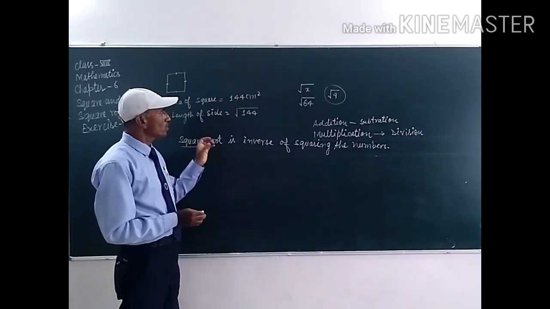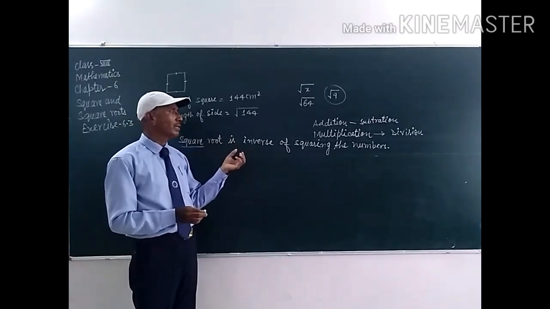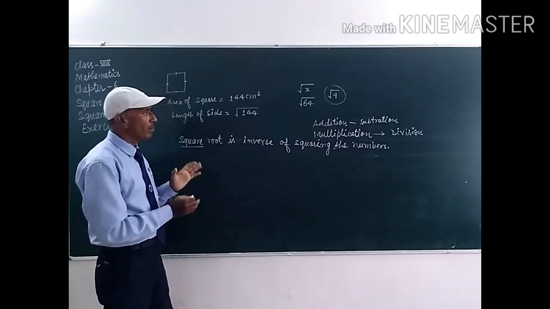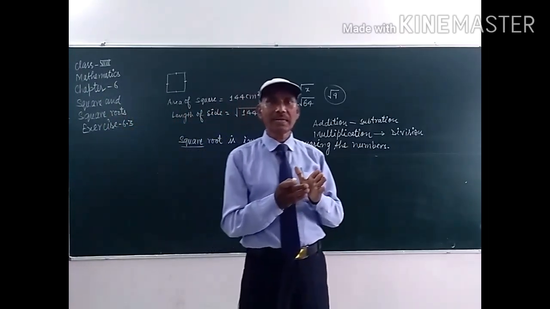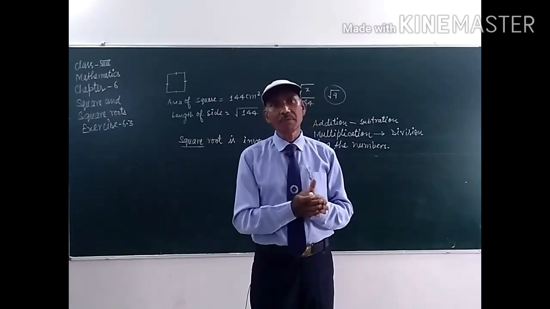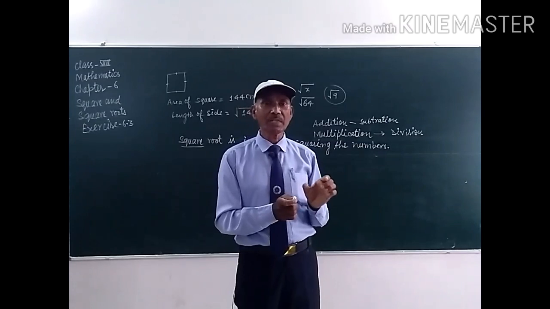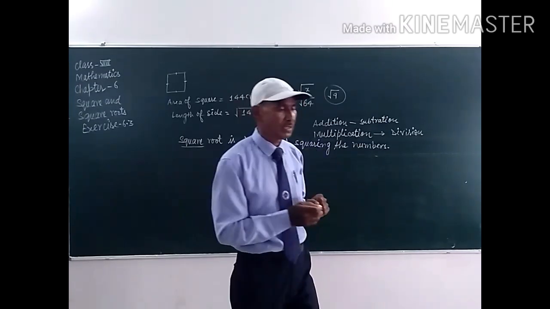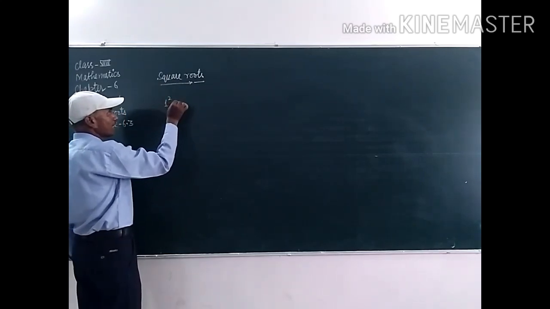Clear, student? Square root is an inverse operation of squaring numbers. Now we have to find the square of the first 10 numbers. After that, we will find the square roots of these 10 numbers, and then we will find the properties of square roots.